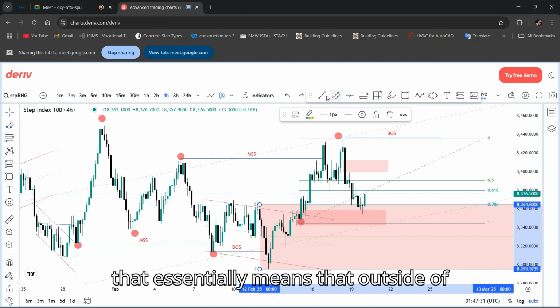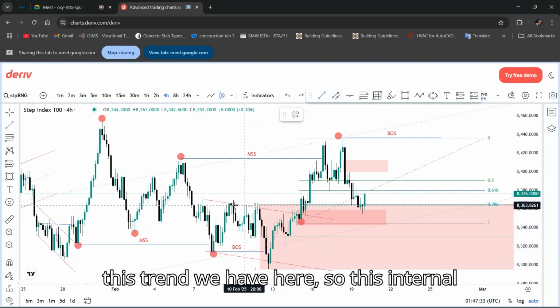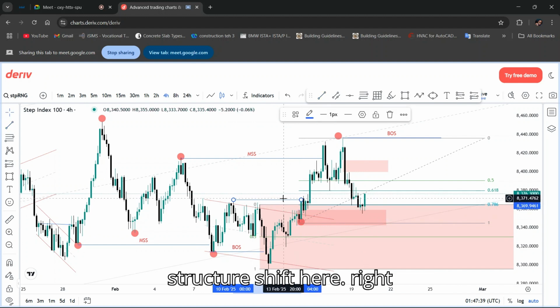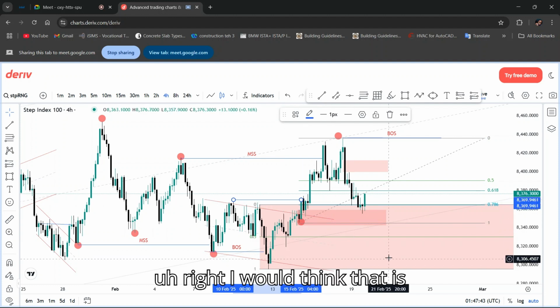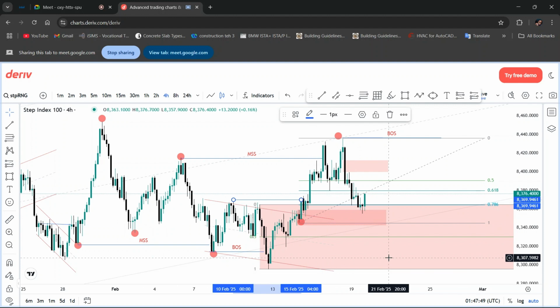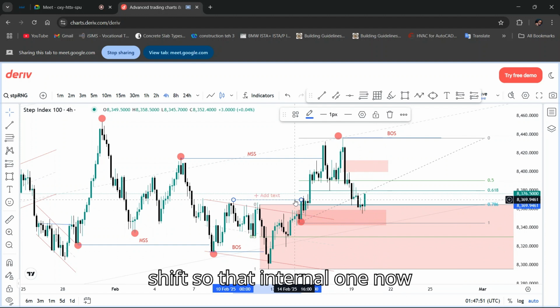So that essentially means outside of this trend we have here, this internal trend, we have an internal market structure shift here. I would think that is a market structure shift as well, but it's a lower time frame market structure shift.